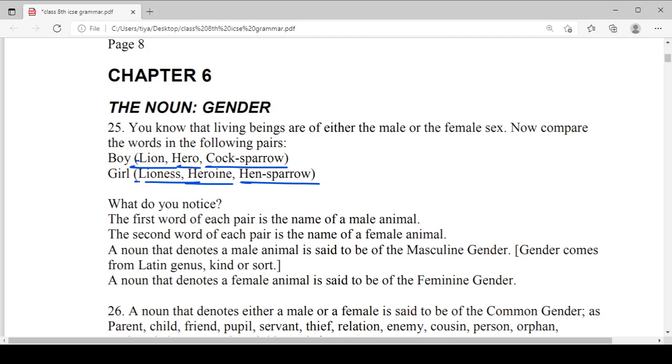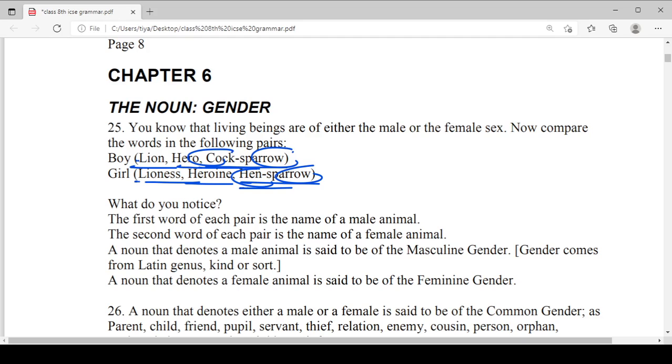In these examples what we have noticed is that the name of the male gender and the name of the female gender are different. First of all, look at this example, cock sparrow, hen sparrow. In this example, sparrow is the same, but cock shows the male gender and hen shows the female gender.